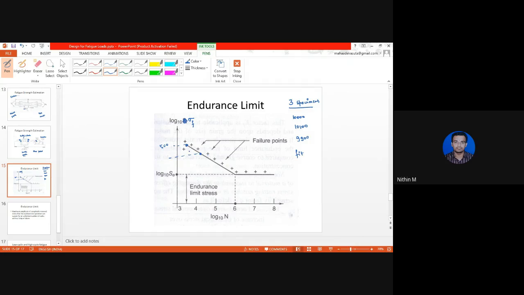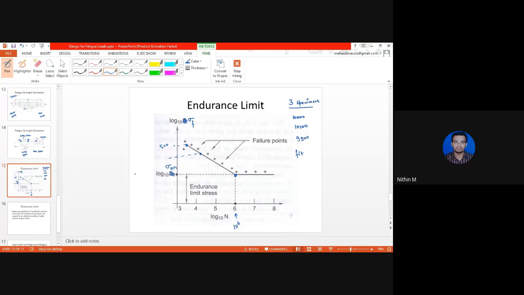As and when you decrease the stress level, the number of cycles to failure will go on increasing, and it will come to a point which is 10 to the power of 6. You can see here, this is 10 to the power of 6. After 10 to the power of 6 cycles, the component will not break at all. There is a particular stress value here for 10 to the power of 6, which we call sigma e.